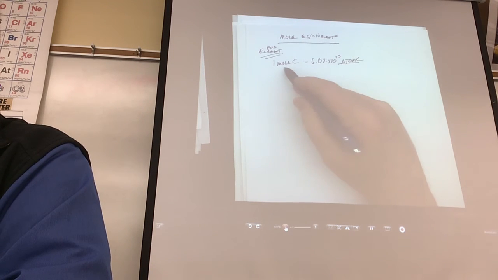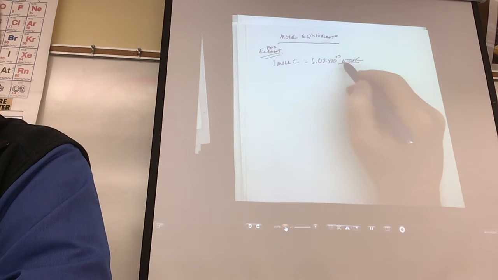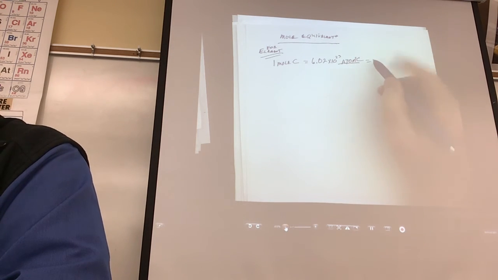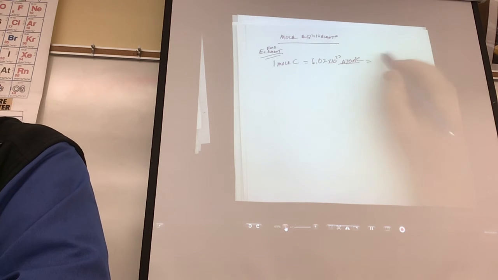A mole of carbon would be this many atoms of carbon, right? And then, one more, watch now. I go to the periodic table, and a mole of carbon would weigh how much? Now, a mole's a lot, so we're not going to be using AMUs. 12, somebody said it. Yes.